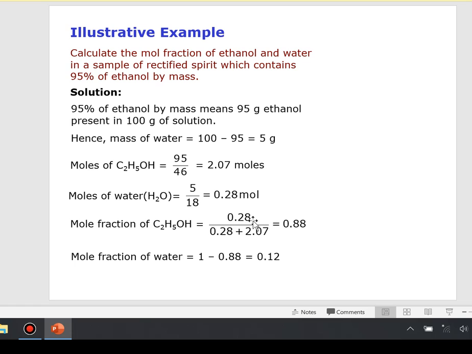So 2.07 divided by 2.07 plus 0.28, that is 0.88, and for the water 1 minus 0.88, that is the mole fraction. Because it is for the mole fraction of ethanol, here you should write down 2.07. Clear?